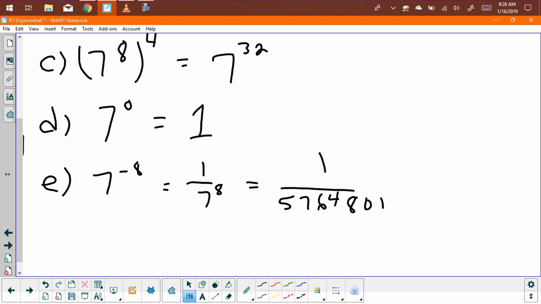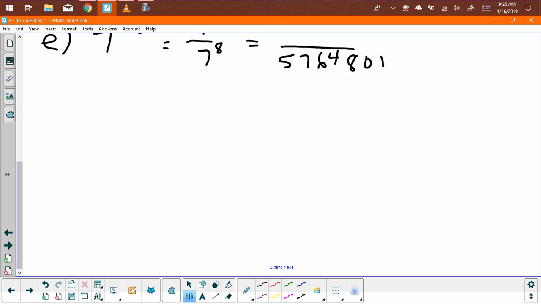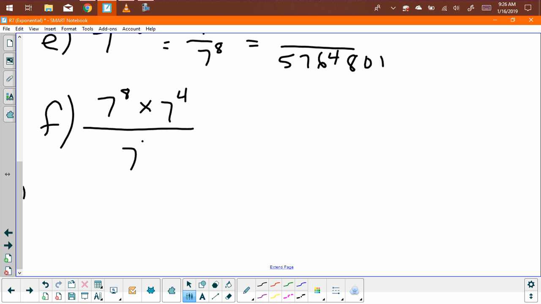Okay. So for one last example of this, let's do one that has multiple steps. So let's say I had, we'll use the same numbers here, 7 to the 8, 7 to the 4, but that's divided by, let's say, 7 squared to the power of 5. So within my fraction, I can tidy up my numerator and denominator first. So the numerator, I'm multiplying the powers, so I'm going to add those exponents.